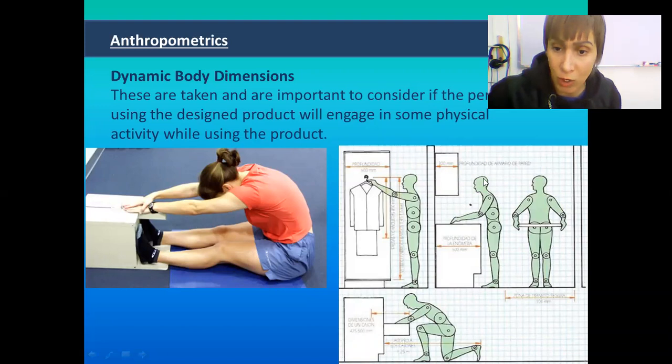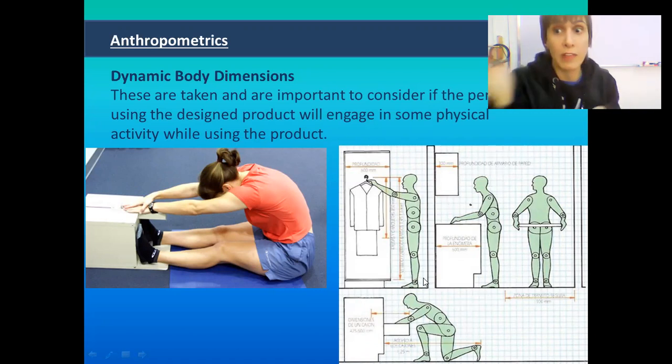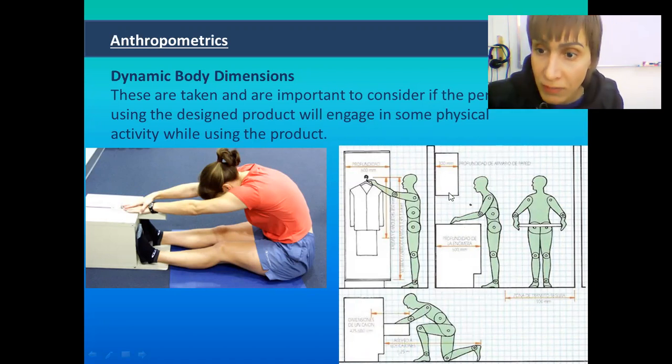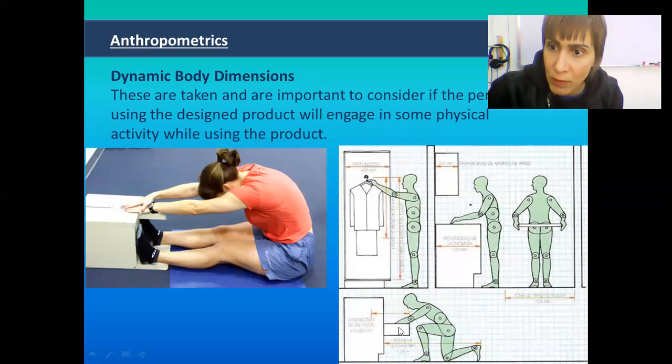And when you do the drawing, for example, you put points at the joint areas, and then you can move the person, you know, sitting, standing, moving, and you decide, is this measurement of my design correct or not correct? Do I need to make something bigger, smaller, more clearance, whatever? So if the person is kneeling on the floor, is it comfortable to open this or not?